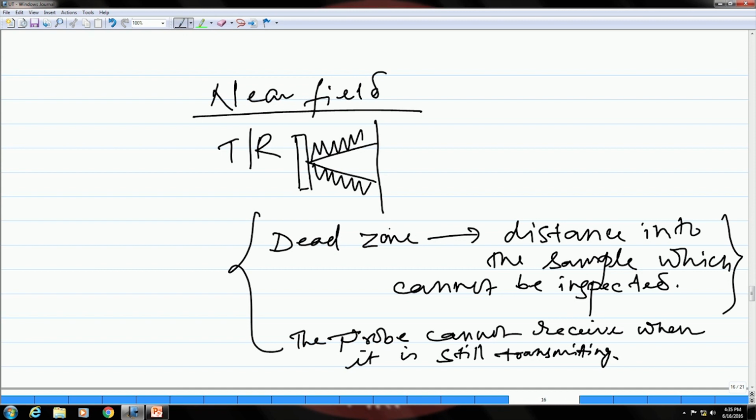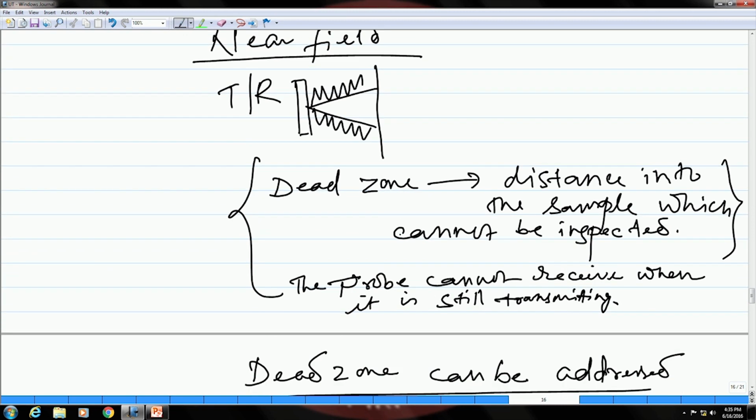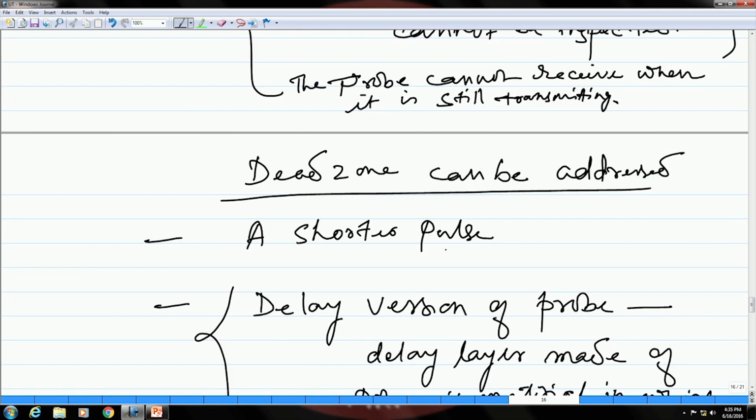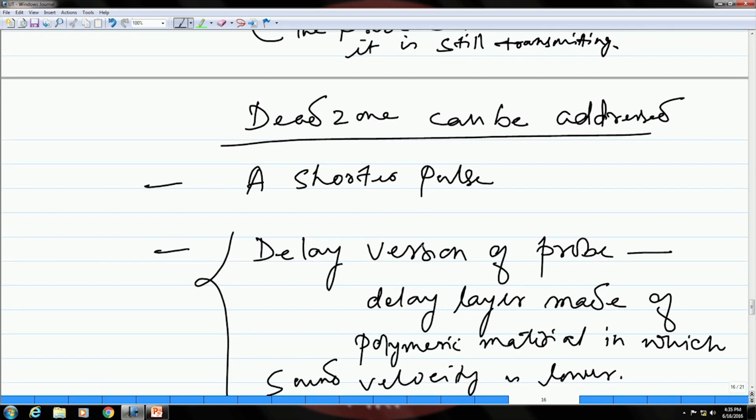And then we saw how this dead zone can be addressed. There are different ways by which the dead zone effect can be addressed. One is using solder pulse or high frequency pulses.